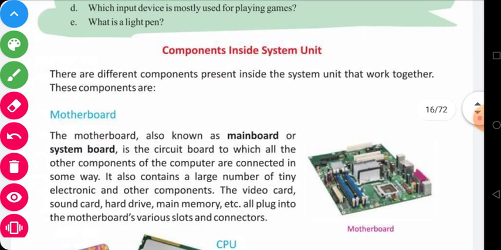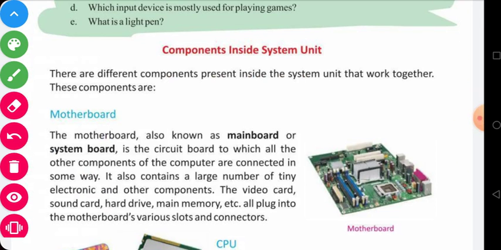Today we are going to learn the components which are inside the system unit. So let's start to read what the components inside a system unit are. Generally, the components inside the system unit are the components which are required to make the computer work. The first and most important one is the motherboard.